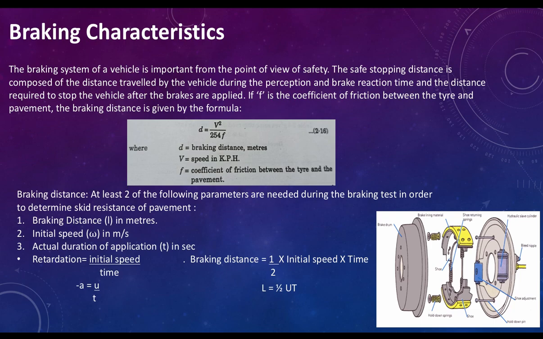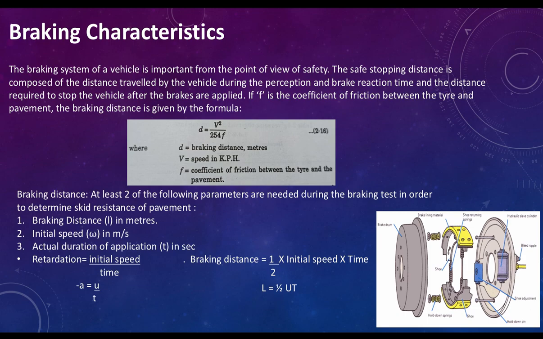Coming to braking characteristic. The braking system of a vehicle is important from the point of view of safety. We use brakes for safety. The safe stopping distance is composed of the distance travelled by the vehicle during the perception and brake reaction time, we have seen what is perception and brake reaction time, and the distance required to stop the vehicle after the brakes are applied.